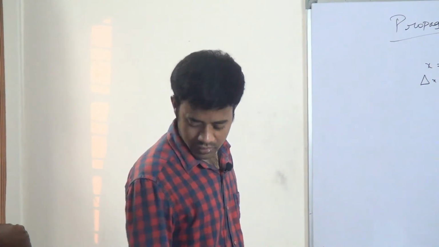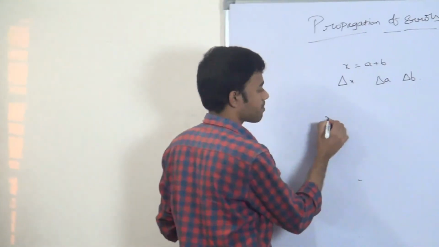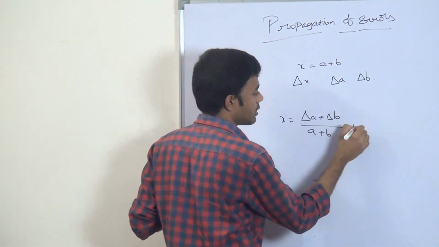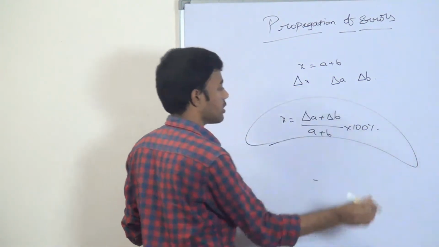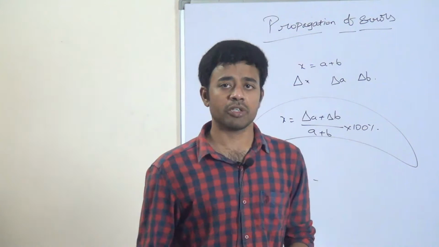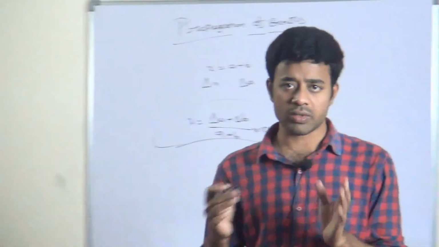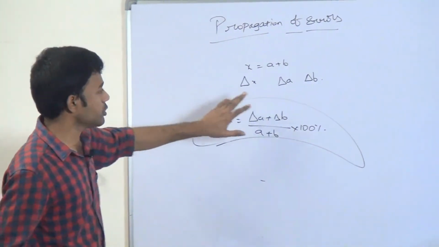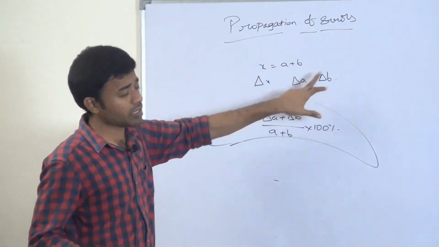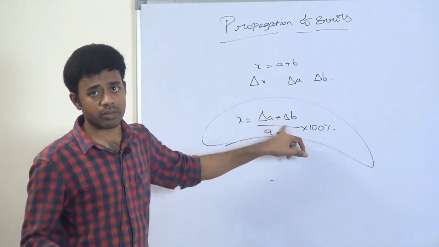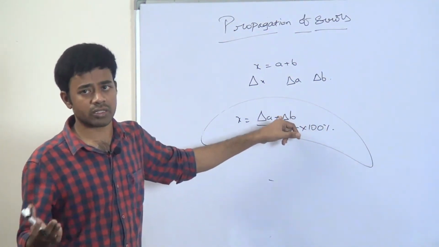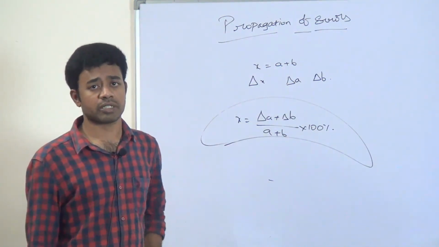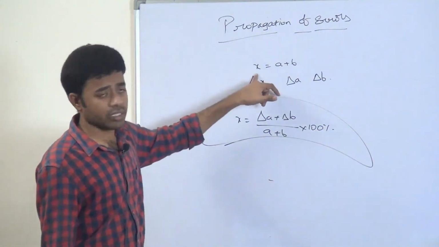Delta A plus delta B by A plus B into 100 gives the percentage error for the quantity x, if there are absolute errors delta A and delta B for the physical quantities A and B. So x equals A plus B, and the percentage error in x is the absolute error A plus absolute error B by A plus B into 100.